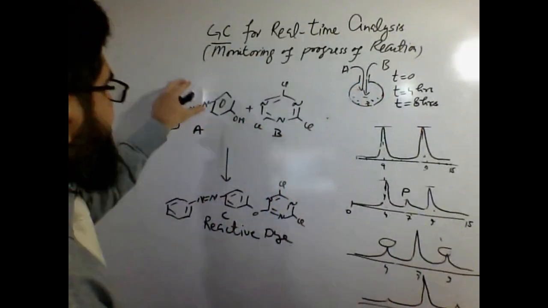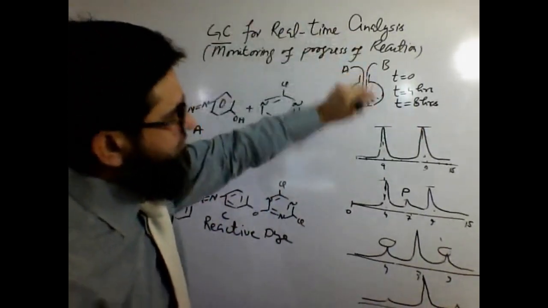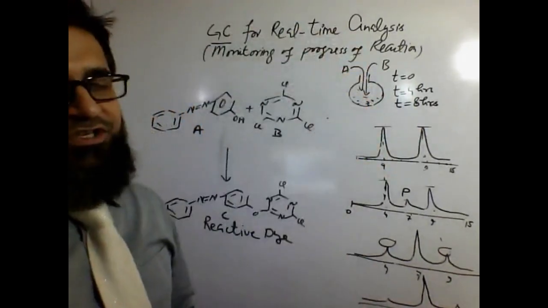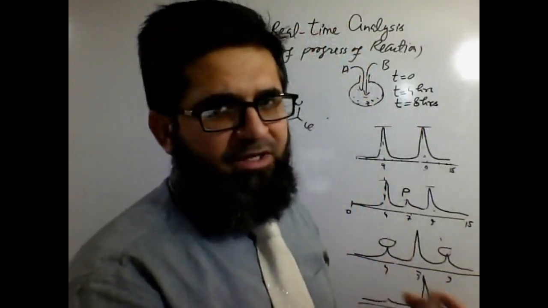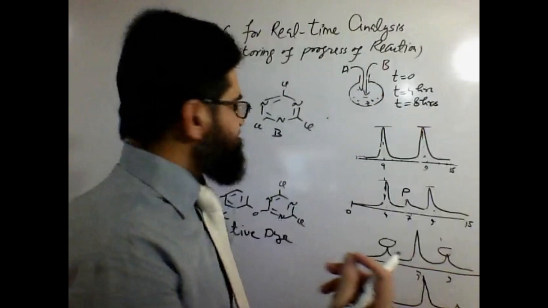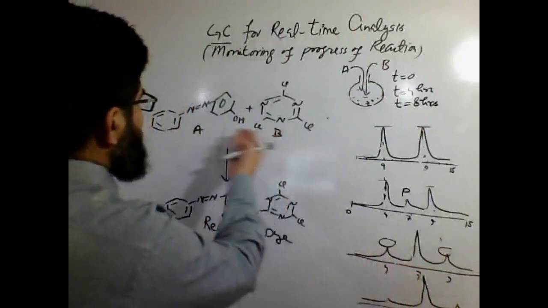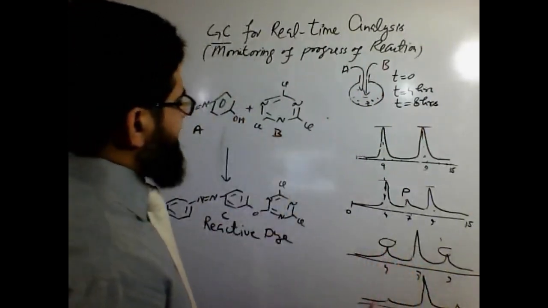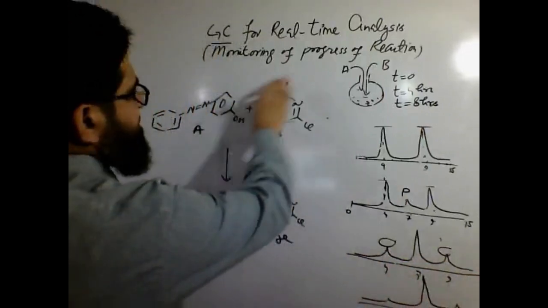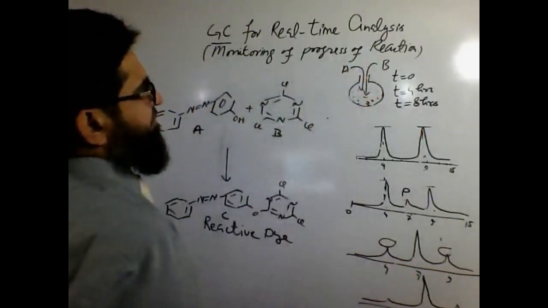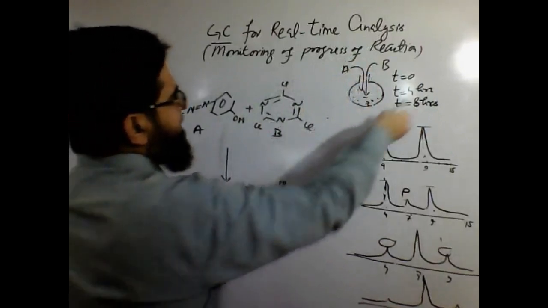So we'll take A, put it into the flask, which carries a solvent. A polar solvent is required, like one can say we are using methanol. A is put into the flask, then we can put B into the flask.